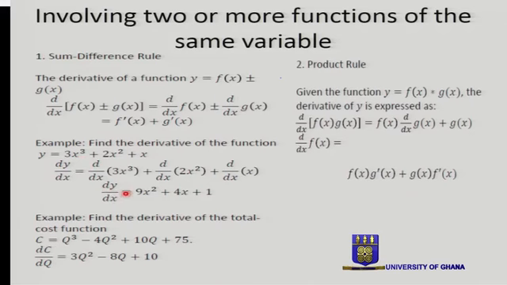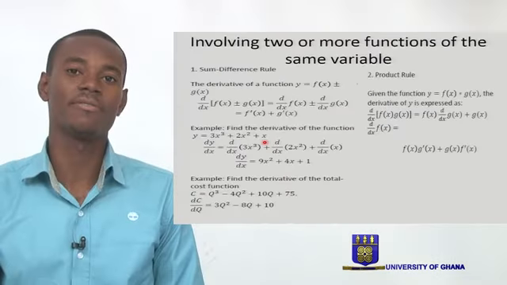And here, so what do I have? If I have 3x cubed, 3 times 3 is 9. 3 minus 1 is 2. So what I have here is 9x squared. Now I move to the second function, which says 2x squared. I do the same and I have 4x. Now x is just a variable.